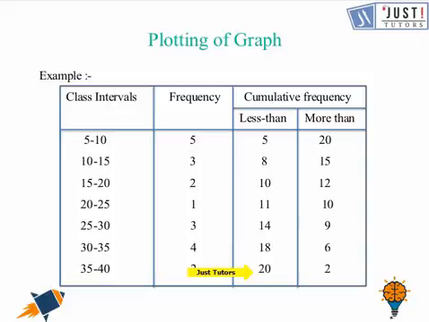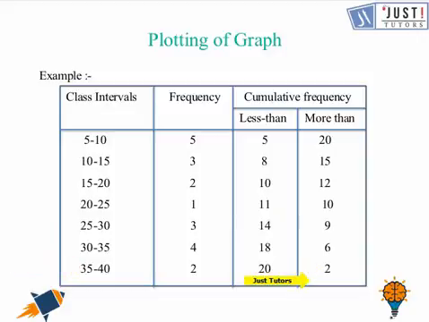These are the points that we will plot on the graph for the less than type ogive. Now for more than type, we need to work for the lower limits, that is 5, 20; 10, 15; 15, 12; 20, 10, and so on till we reach 35, 2.